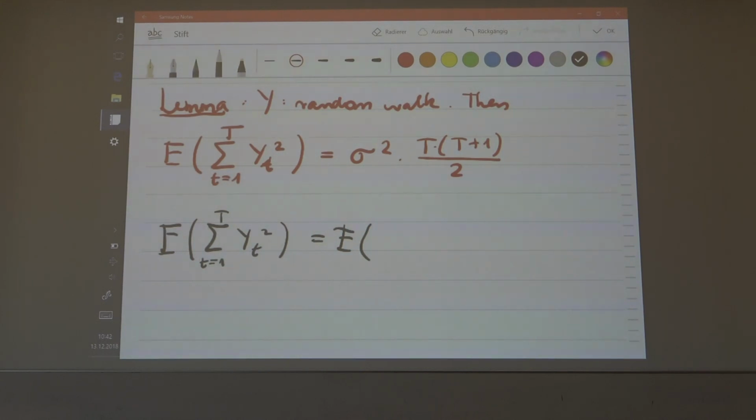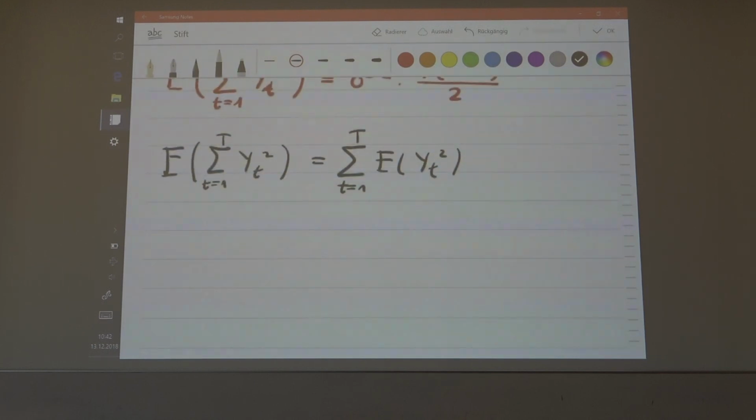So I'm taking the sum of the expectations of the squares.